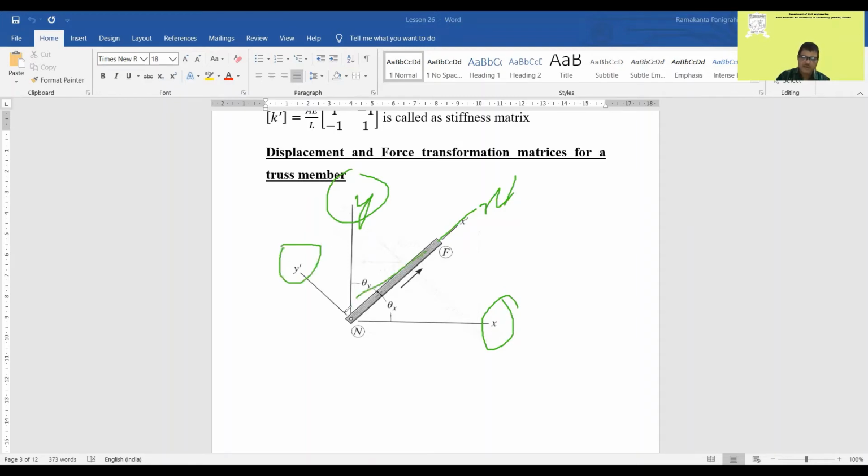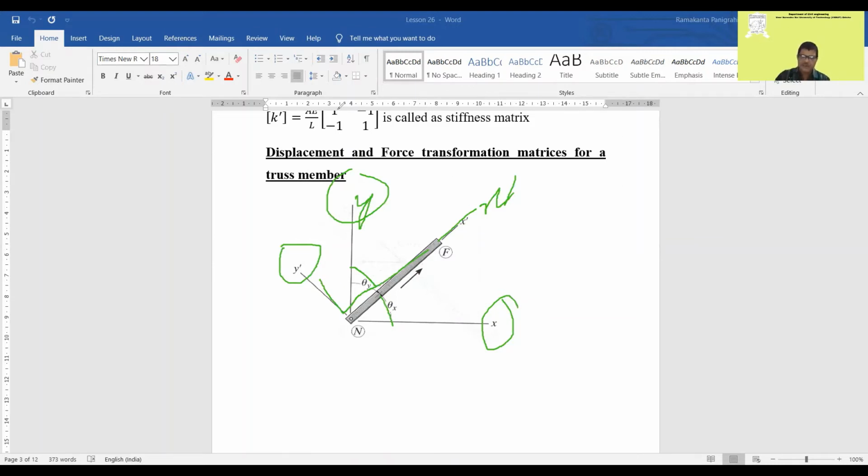These two are perpendicular to each other. These two are perpendicular to each other. Let the member make an angle theta x with the x axis, and theta y with the y axis in the global direction, right? So in the global direction, the angles are theta x and theta y. So theta x plus theta y is 90 degrees, right?